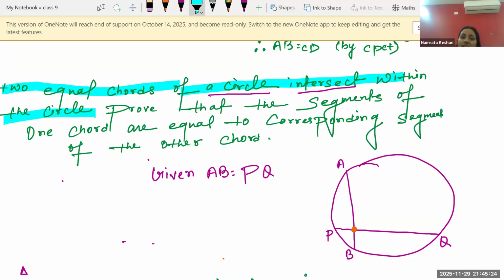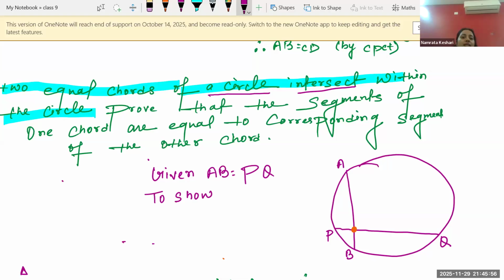Prove that. Okay, I need to show something over here. The next statement is talking about the showing part. Prove that the segments of one chord are equal to the corresponding segments of the other chord. Segment means portion. If you are cutting a pizza and I say I need the bigger segment, that means I need the bigger portion.